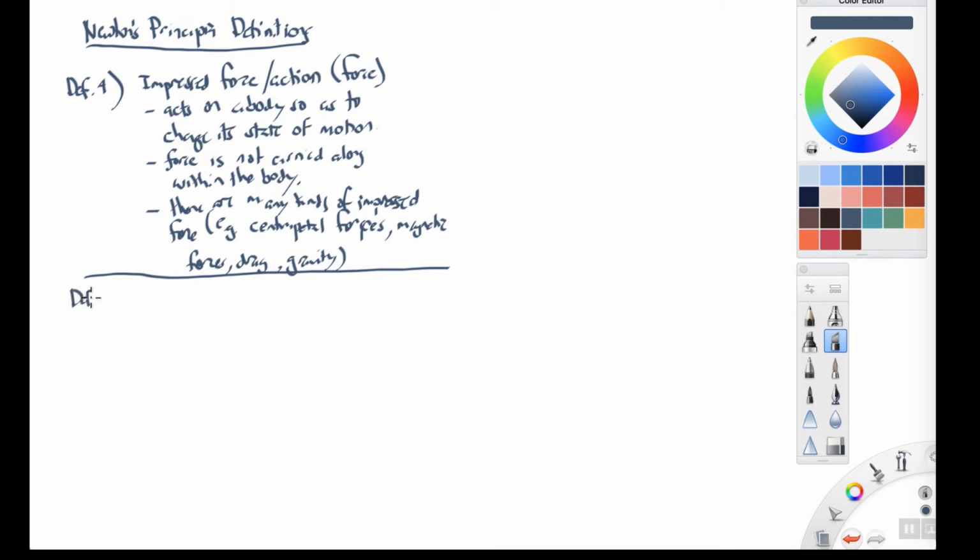So definition 5. Here, he defines a specific kind of impressed force or action, a centripetal force. So what is a centripetal force?